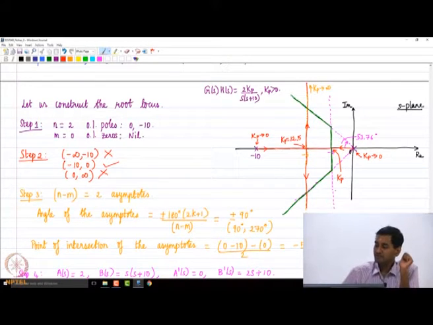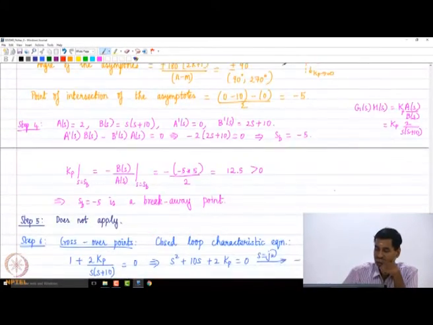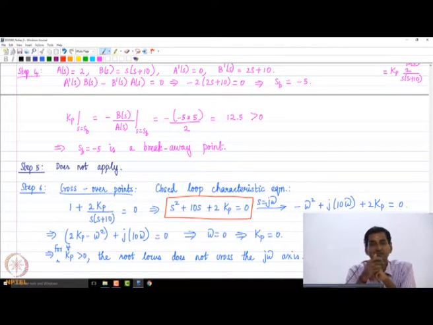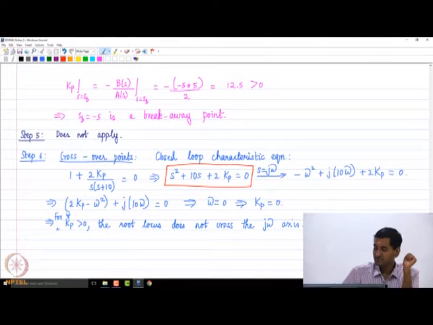What is the closed loop characteristic equation? It is this. So if you substitute S equals -2 here, what do you get for Kp? Kp should be 8, right?